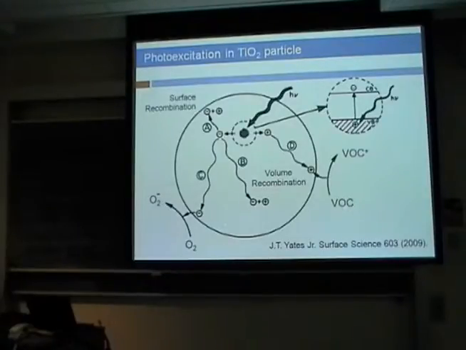And this is the key first step in the reaction. And the key first step on the other end is that a hole, or an electron vacancy, can react with the carbonaceous material to form a positively charged surface-adsorbed intermediate, and then this subsequently can decompose on the titania. And of course, where you get the electrons and holes is important. That occurs basically through radiation of ultraviolet light, usually in the case of titania.